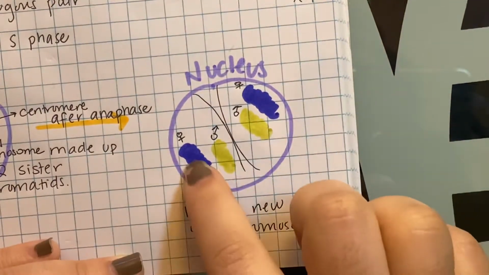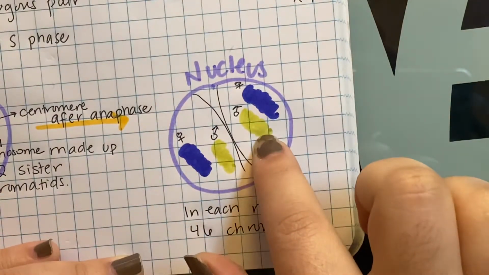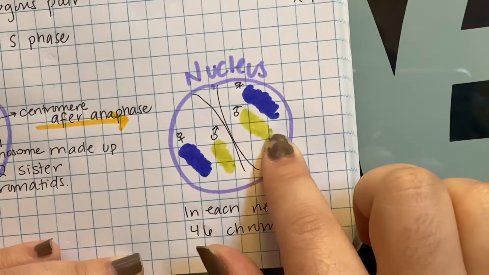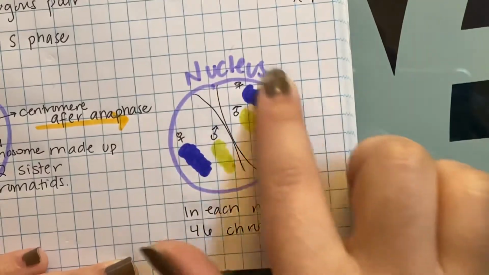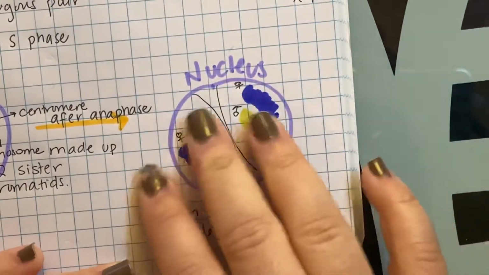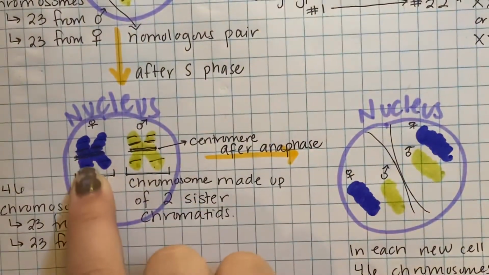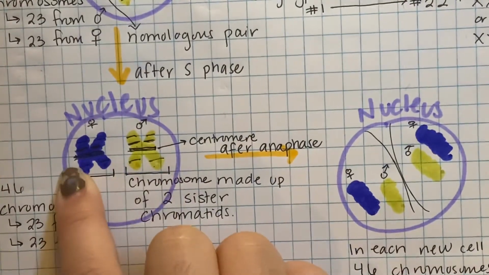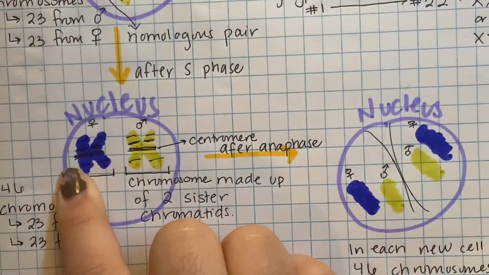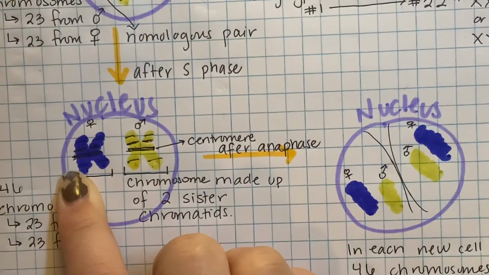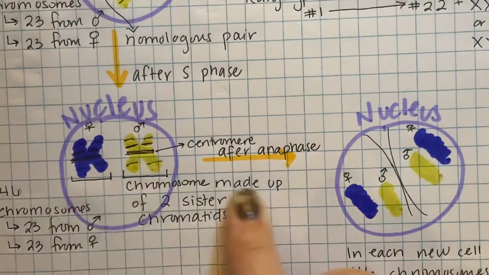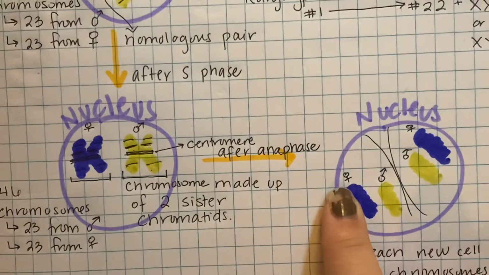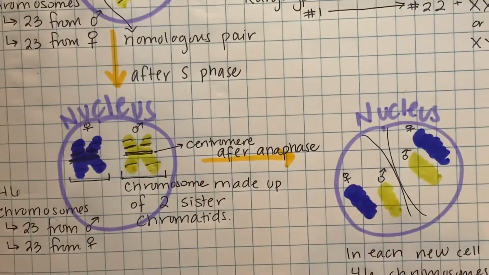So you'll have 23 different ones of these, 23 different ones of each of these in your new cells. The existence of chromatids is no more, so none of these are referred to as chromatids. The only time you have chromatids is after S phase, so only between the end of S phase and anaphase do you have chromatids. Interphase and the other phases like telophase and cytokinesis, everything is referred to as a chromosome.